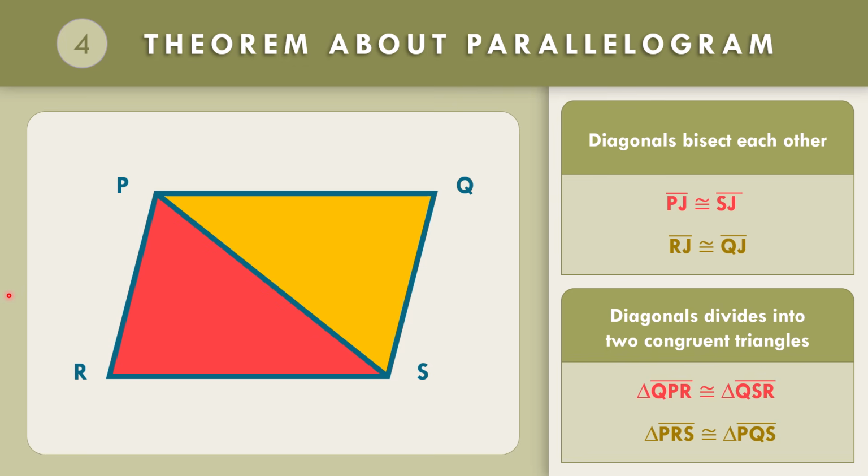Diagonals divide into two congruent triangles. If the division is on the left instead of the right, those triangles are triangle PRS, the red, which is congruent to triangle PQS, the yellow. So the red is congruent to the yellow.